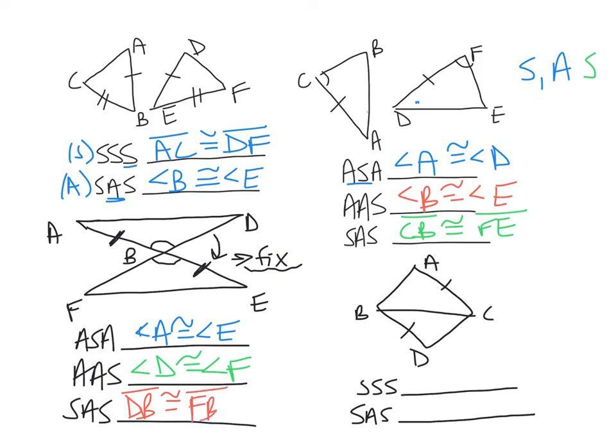And the last one, notice we have a shared side, so I can add that congruence marking using the reflexive property. And the first thing it wants is side, side, side. So obviously if I have side, side, side, I need the third side. So I'm going to do BA needs to be congruent to CD.